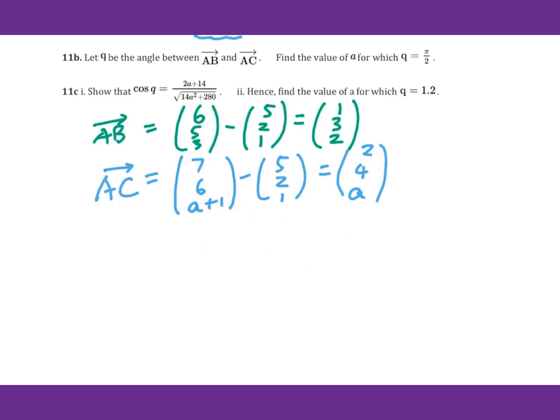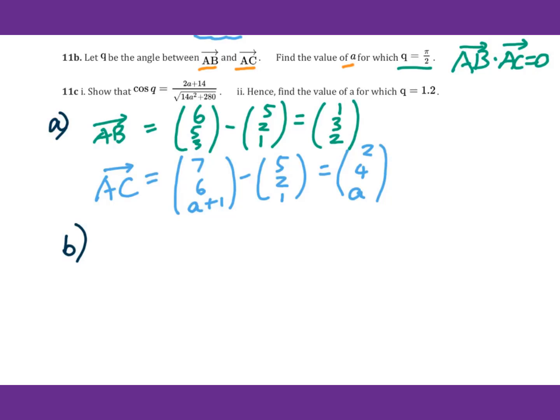Let theta be the angle between AB and AC. Find the value of a for which theta equals pi over 2. Pi over 2 means 90 degrees. Therefore, the dot product AB times AC equals 0.